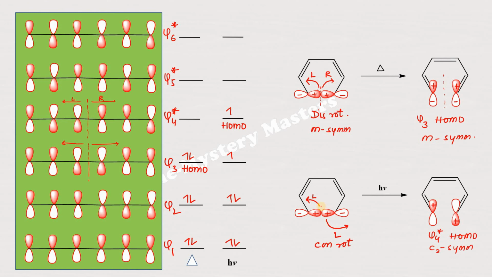You can see here also, if I start from the center of this positive lobe, pass through the center and reach the other side of this positive lobe, then I will get the same structure on the opposite side at equal distance. That means here also I am having C2 symmetry. So you can say that the preservation of symmetry also takes place.